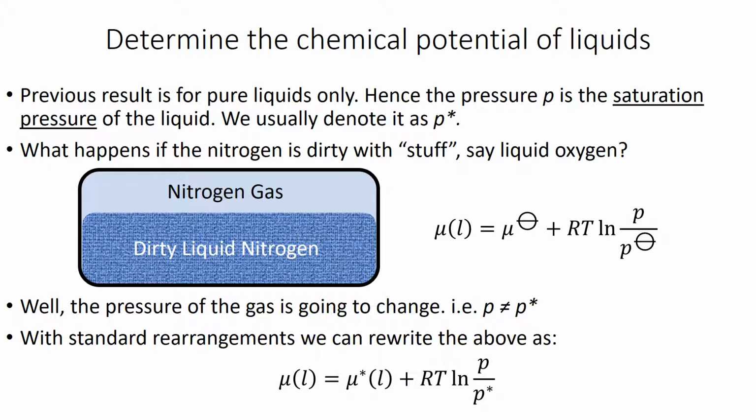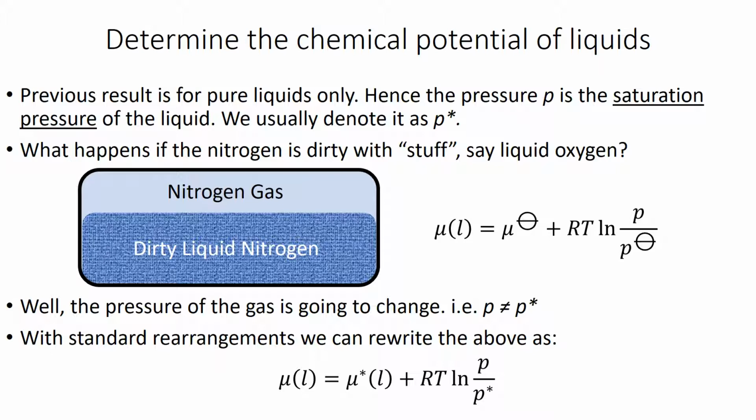So mu L is equal to the gas equation. But you'll notice a subtle difference: instead of the saturation pressure that we denote with star, there is no star. Basically, if you make something dirty, the pressure has to be different because the chemical potential of the system must have changed. So, in short, the pressure of the gas is going to be pressure, but it's not going to equal the saturation pressure.